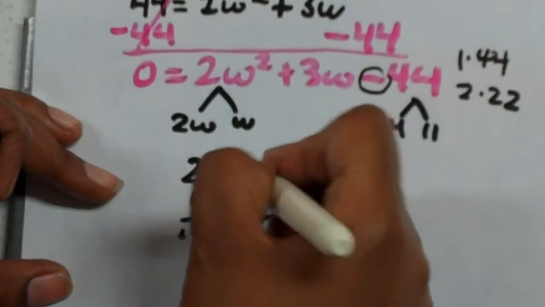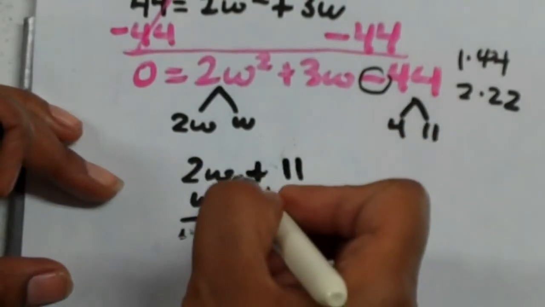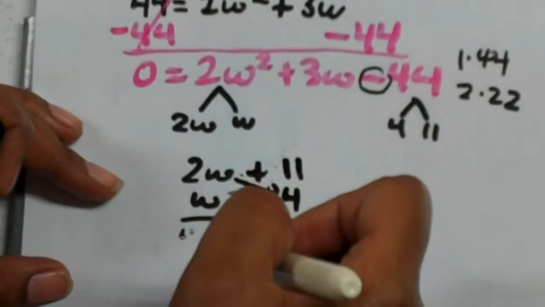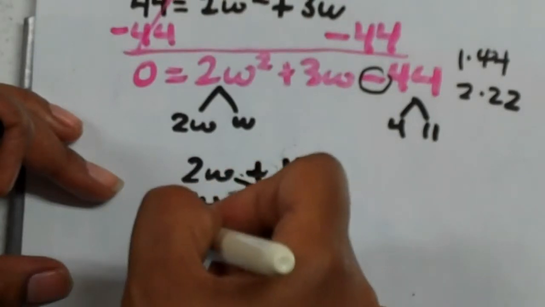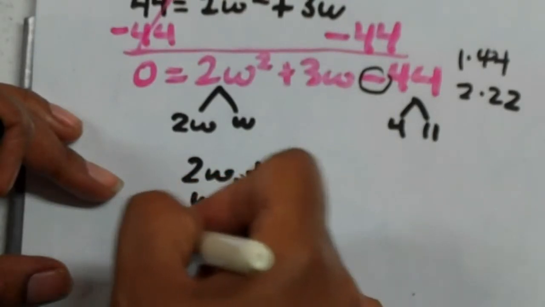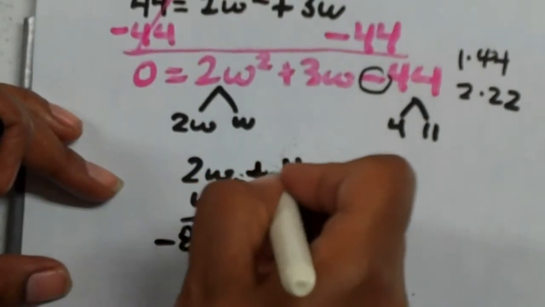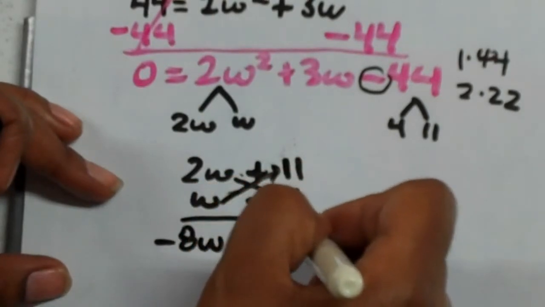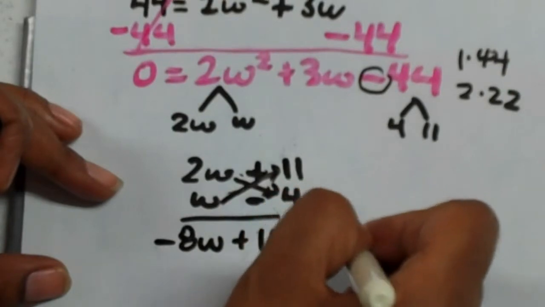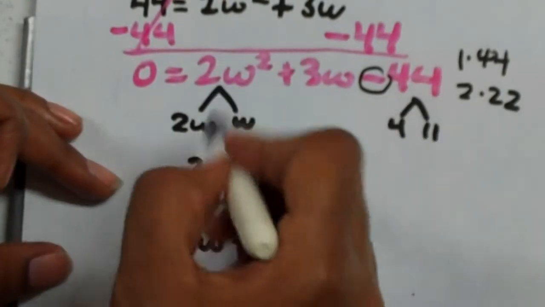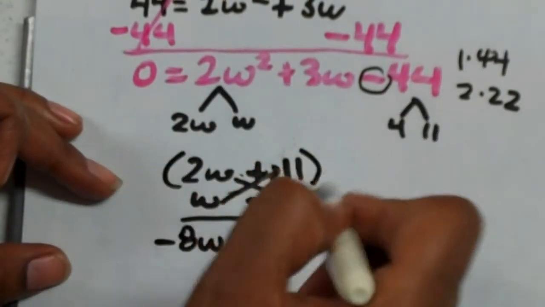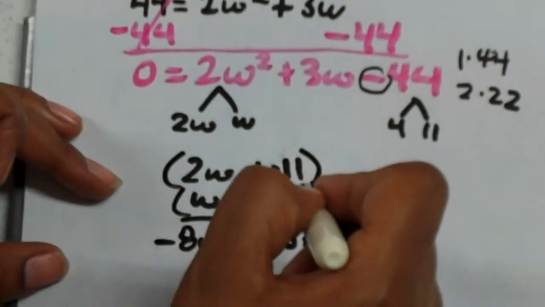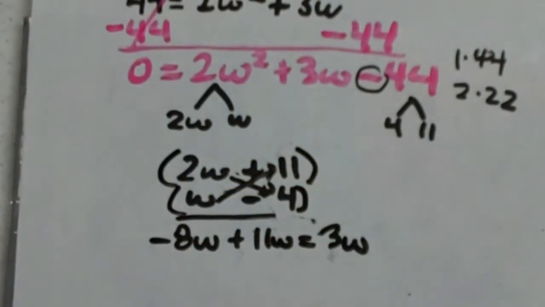And I'm going to keep my signs positive and negative. So I have 2W times 4, which gives us a negative 8W, and W times 11, which is equal to a positive 11W, which voila is equal to a positive 3W. So now I have my factors, which are 2W plus 11 and W minus 4.